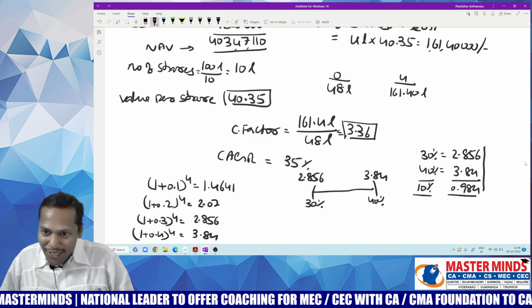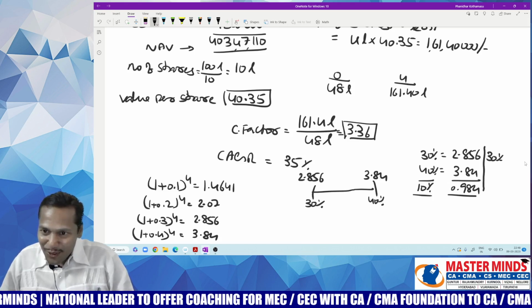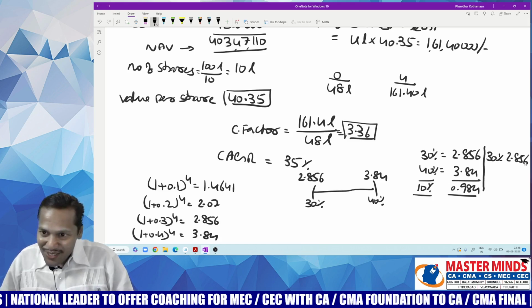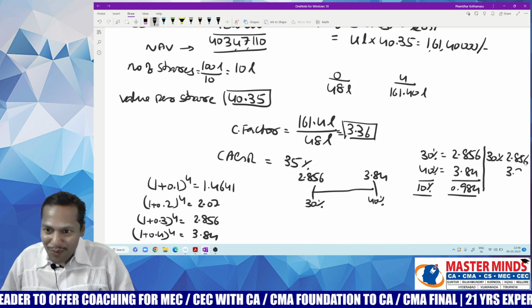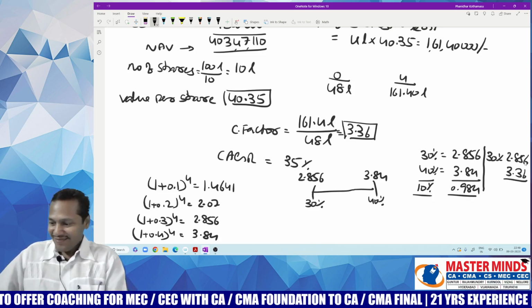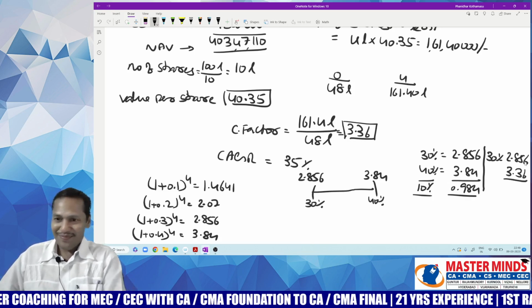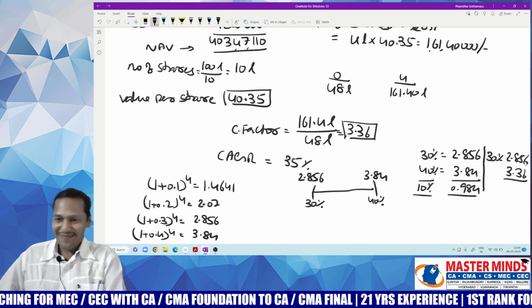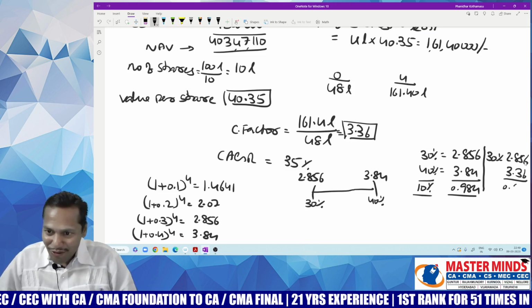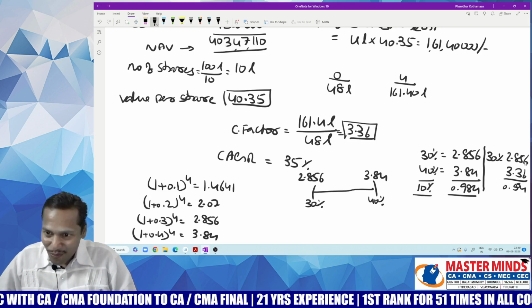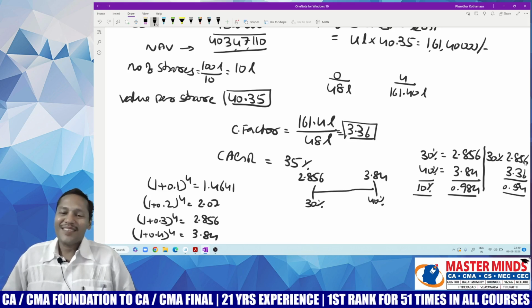From the lower base of 30%, 2.856, the desired value is 3.36. The desired change is 0.504.